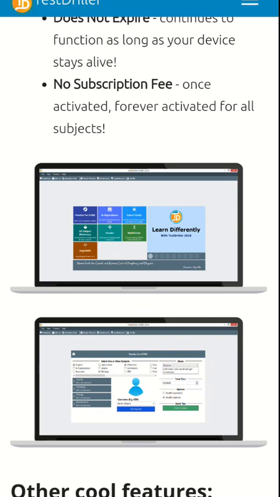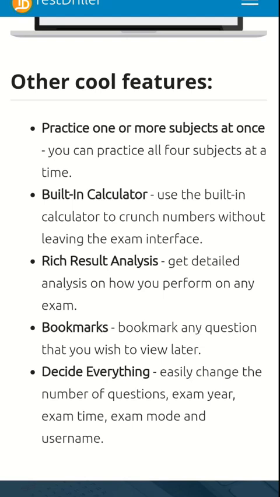Then there is no subscription fee. It's a one-off payment. After purchasing it, which is just 3,000 naira thereabout, after purchasing and activating it, you can use it for life. Other cool features here: practice. You can practice with one or more subjects at once. For example, if you are a student that is writing a combination for medicine in JAMB, it means that you can practice English, physics, chemistry, and biology together at the same time.